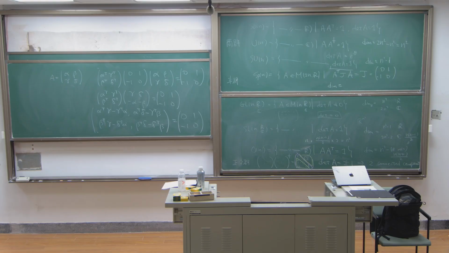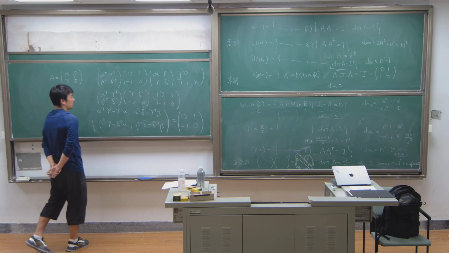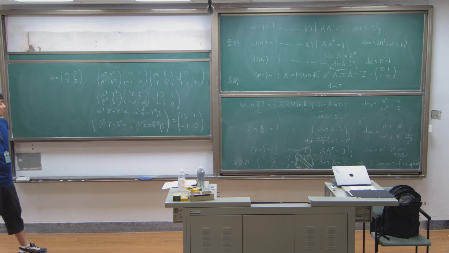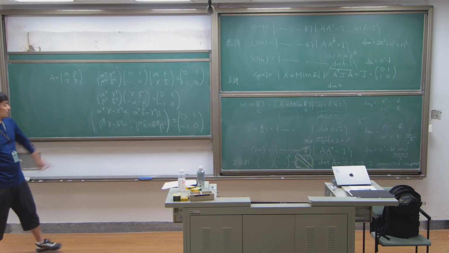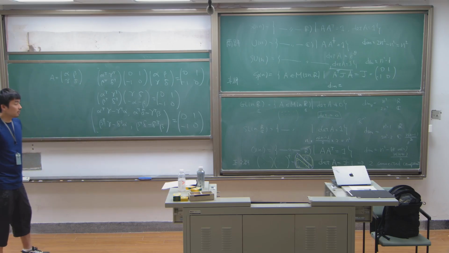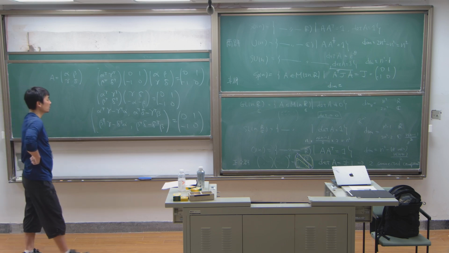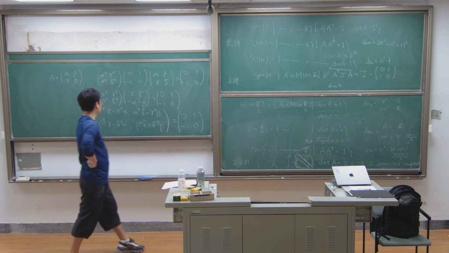Now, how many relations do you get? On the diagonal part, it's the same relation, just transposed, and you get a minus sign.